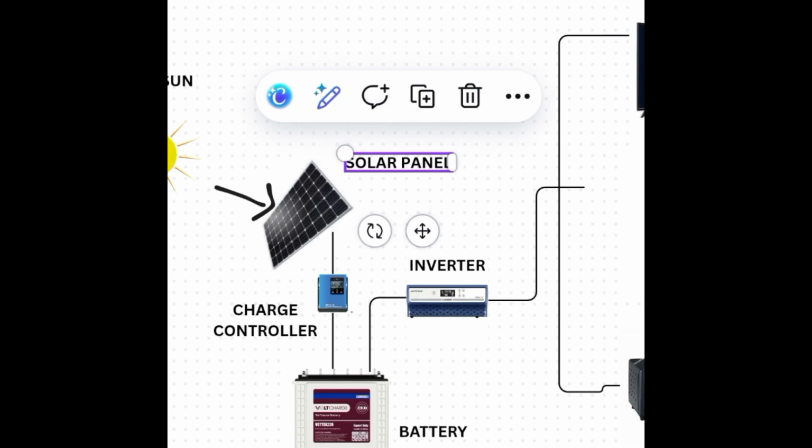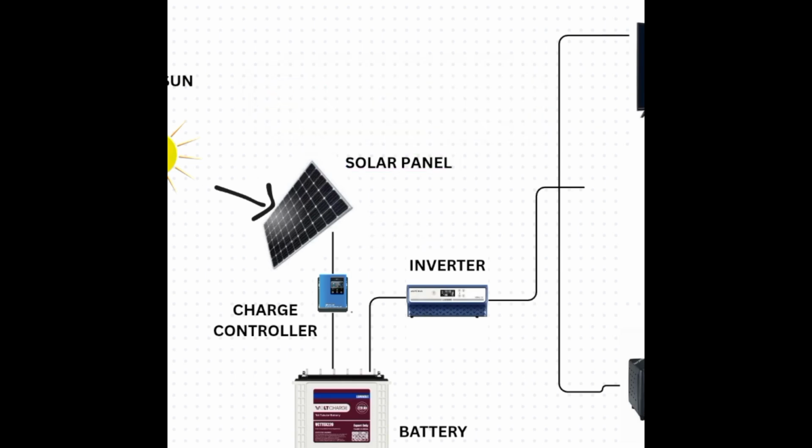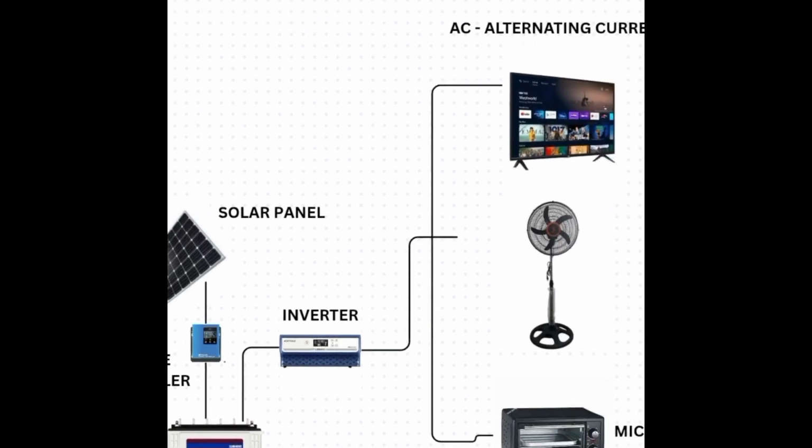The reason is that the currents produced by solar panels and batteries are known as direct currents. Most of our appliances at home, like our TV and fans and freezer, bulbs and the likes, work with alternating currents. So let me show you.